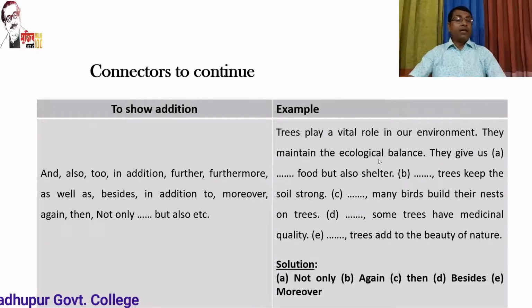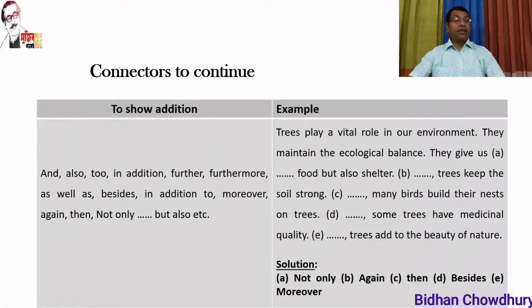They maintain the ecological balance. You know, trees are very important for maintaining ecological balance. And here in this passage, maybe we are going to describe the necessity of trees and what functions a tree does for us.